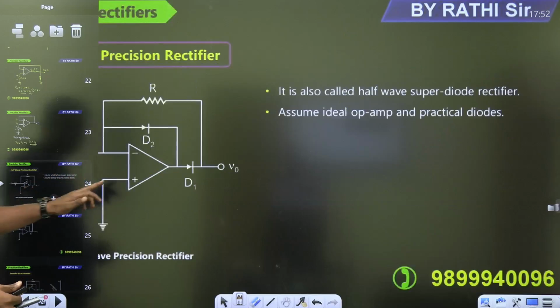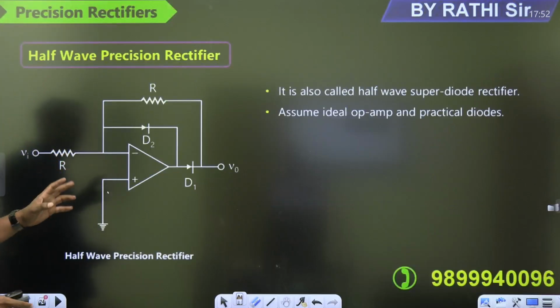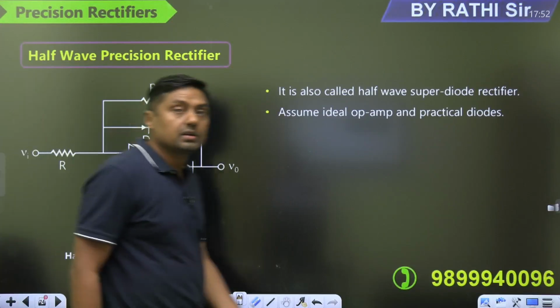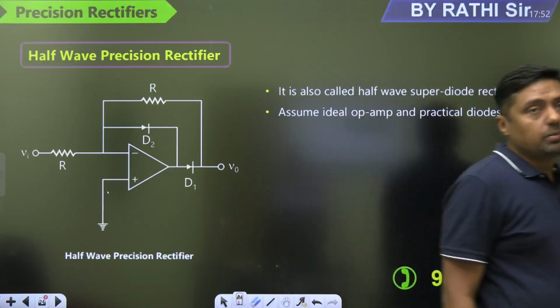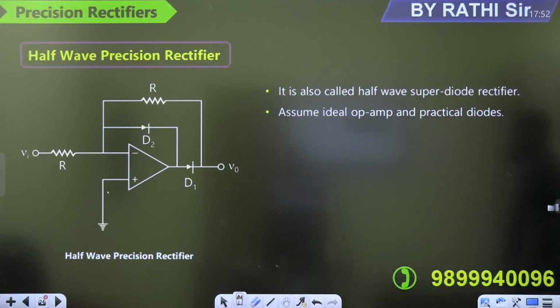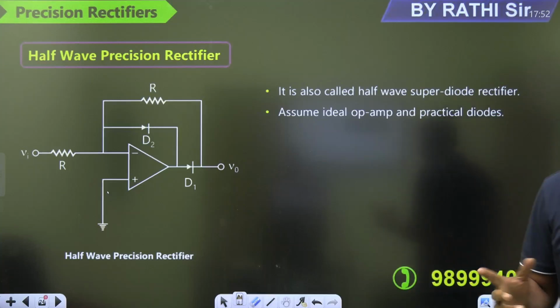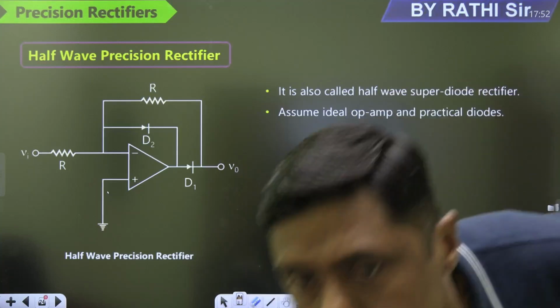So this is the half wave precision rectifier. Actually we are using this circuit as a precision rectifier. I am going to explain this diagram.